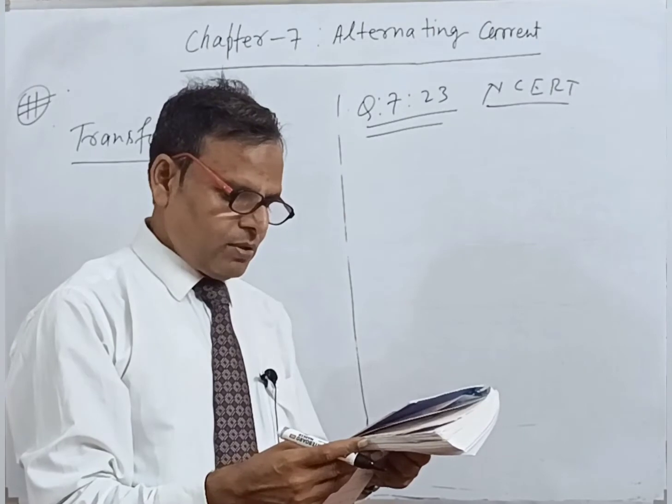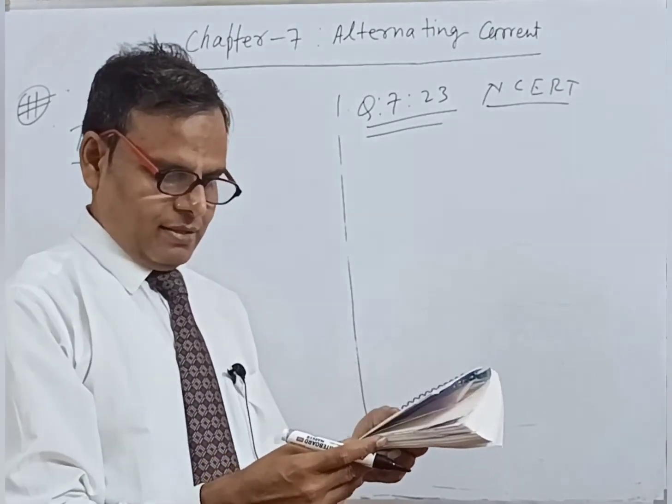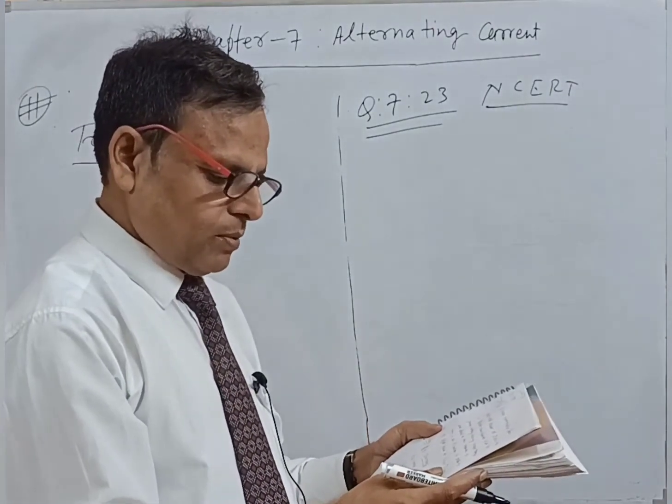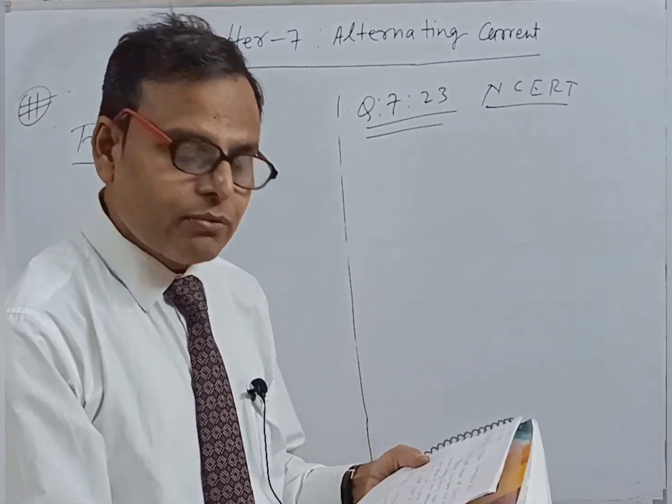What should be the number of turns in the secondary in order to get output power at 230 volt?